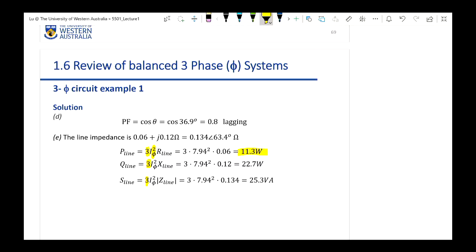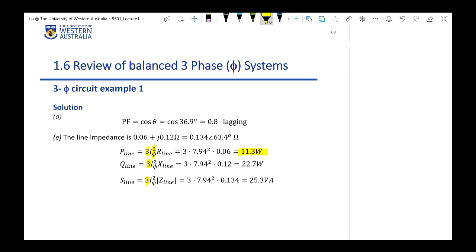Oh, good. Next one, Q. Q is the reactive power consumed by the transmission line. Same thing, 3 for 3 lines. I5 is the IL, the line current. Square it, multiplied by the reactance X of the transmission line equals 22.7, whatever. Can you find a problem in this line?